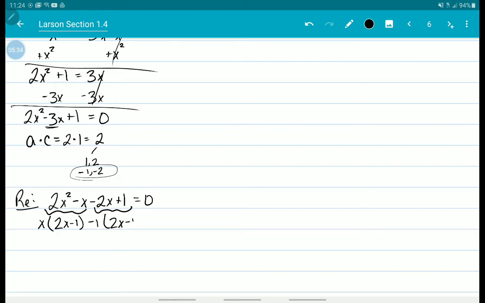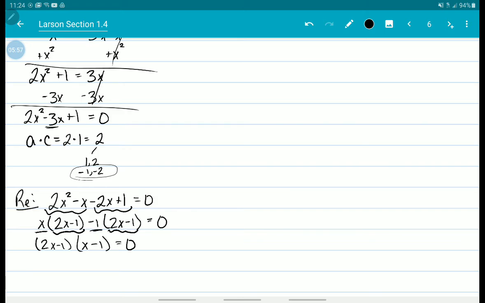And the reason we want to pull that negative 1 out is so that we have a 2x minus 1 in both of those parentheses. Remember, you have to have the same thing in the parentheses. Pull out what they have in common. They have that 2x minus 1 in common. Leftovers are x minus 1.